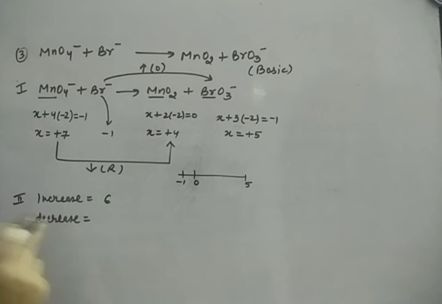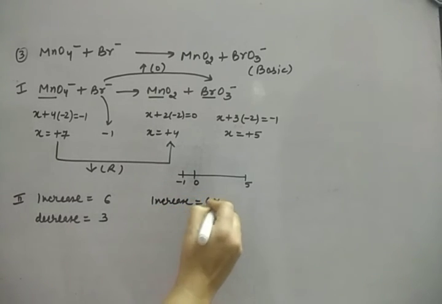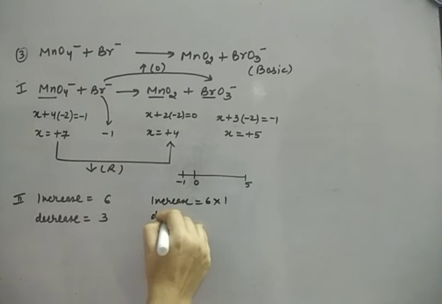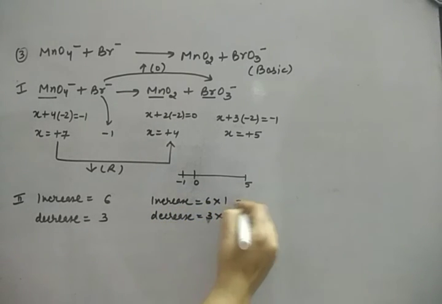Okay. And what is the decrease? 7 to 4, that is 3. Now increase and decrease we have to multiply by number of atoms. So increase is 6 into, now 1, 1, 1. All the atoms are 1, 1 only. So we'll multiply by 1. Now total increase is 6 and total decrease is 3.